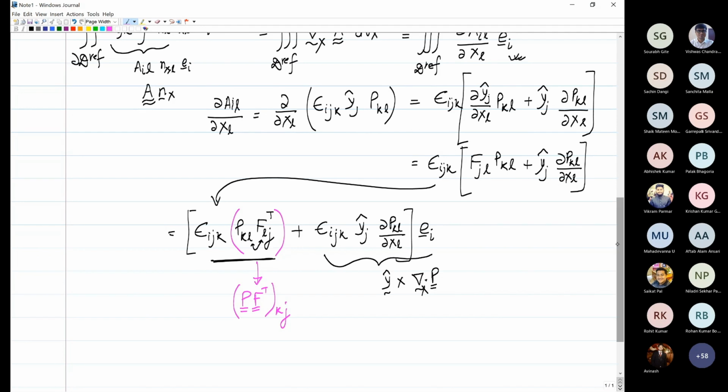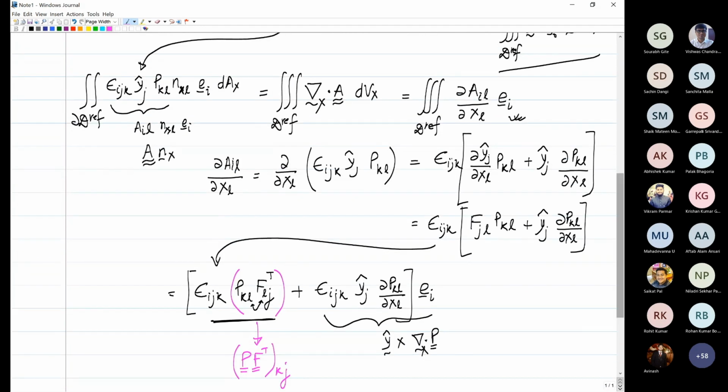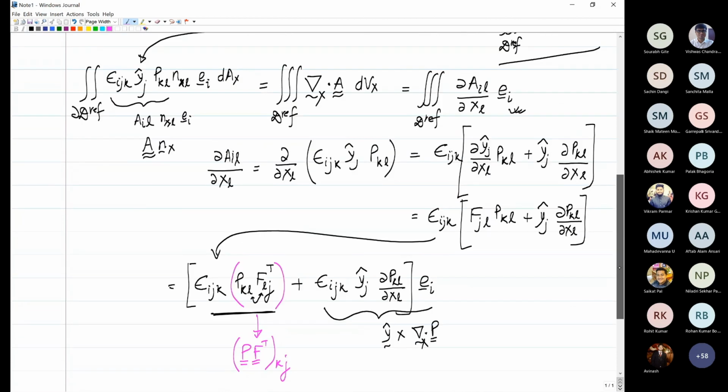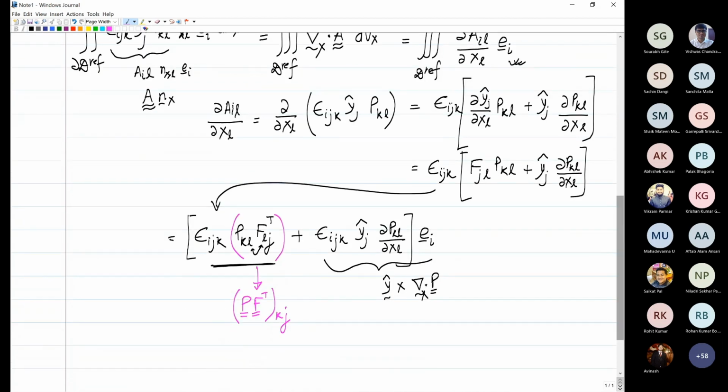So once you put all of them back in this equation, then you would be able to use the Lagrangian form of linear momentum balance, and things will cancel out and only one of the terms will remain, which is this thing over here. So everything will cancel out and just one of them will remain, and I'll just write that.